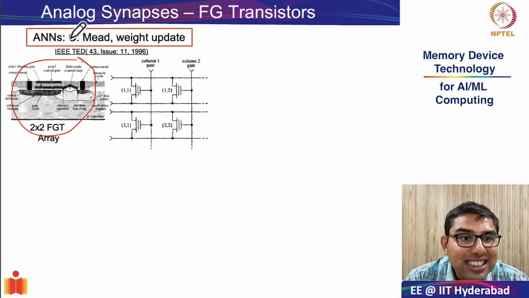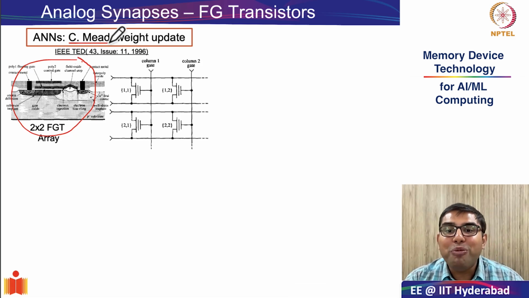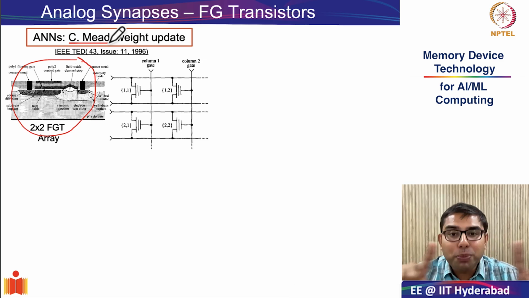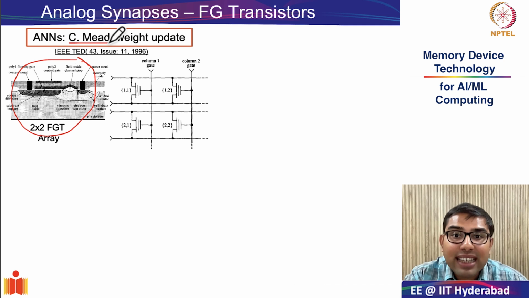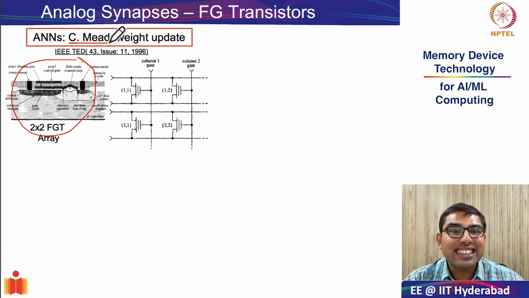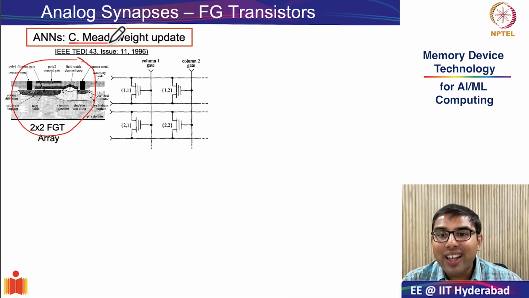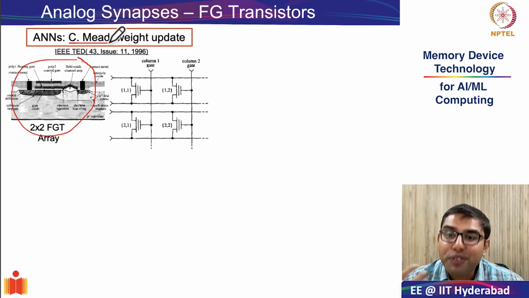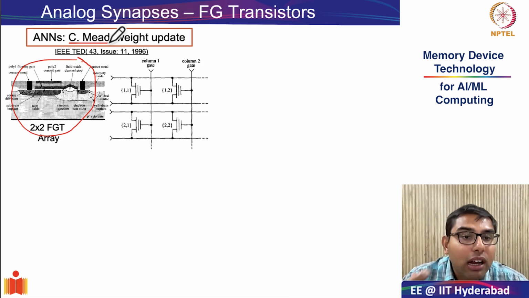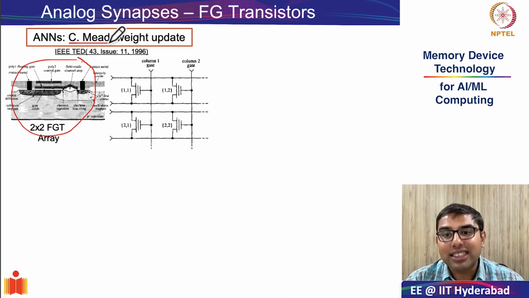Often Carver Mead's name comes up when we discuss neuromorphic computing, and he was the first person to build the silicon retina, as we discussed in the beginning lecture of this particular module. But very few people know that his group was amongst the first to demonstrate that an analog synapse can be built directly using floating gate transistors.